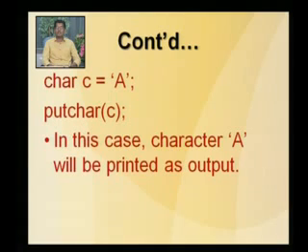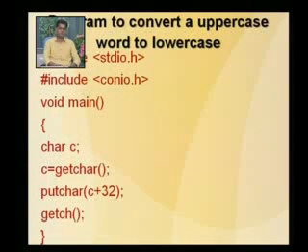Now char c = 'A' stores the value of A in terms of ASCII, and as we know the value of capital A is 65. So the value of c will be 65, and putchar(c) prints the character for the ASCII value 65, that is capital A. So at the end you get output on your screen, that is capital A.